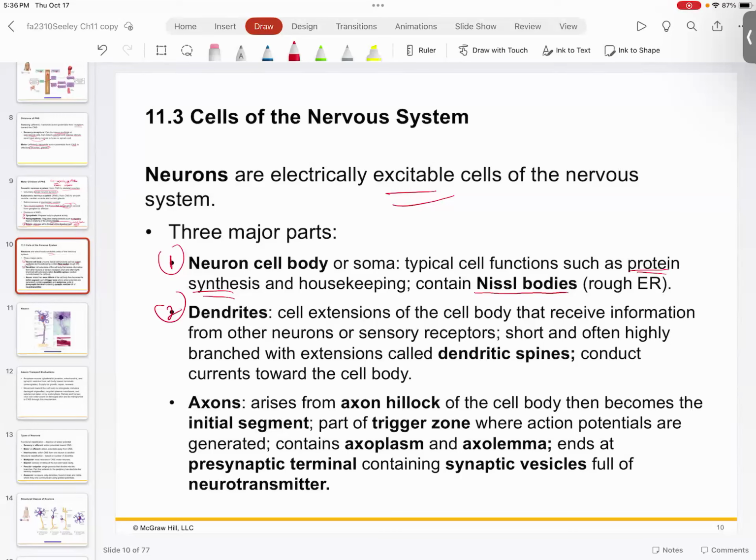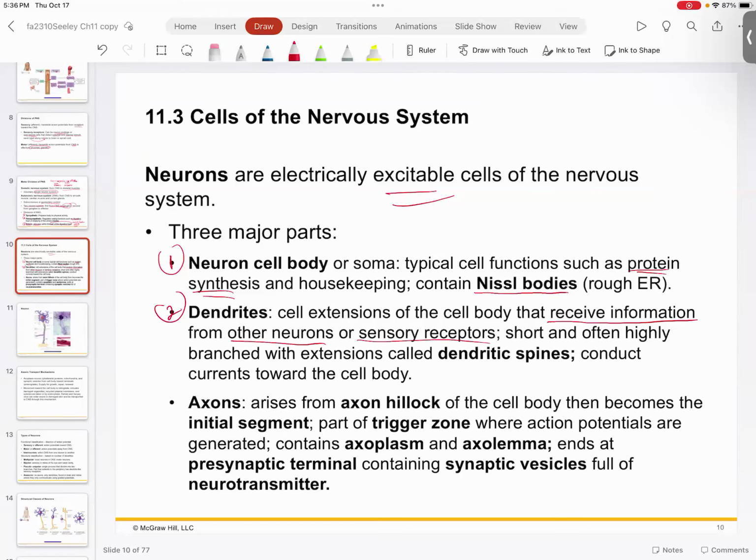Another major piece of the neuron are the dendrites. The dendrites are small membranous processes that stick off of the body of the neuron itself, and their job is to receive information coming in to the neuron, typically from other neurons, whether sensory or not, but they'll usually have sensory receptors on them.